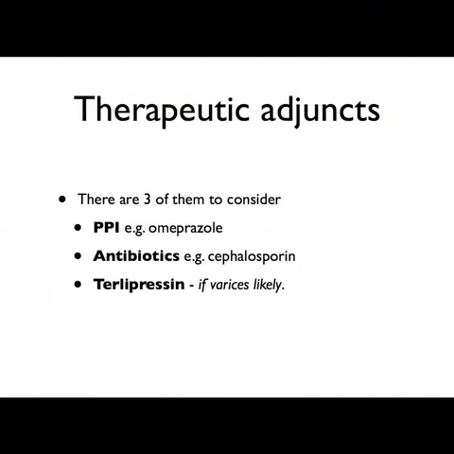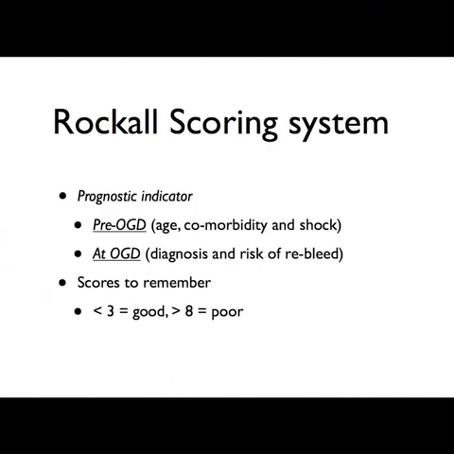Very helpful. You can also do something called the Rockall scoring system. We thought about putting the detailed system on here, but I don't think it's necessary for us to actually know the system. What's important to know is that the Rockall scoring system is a prognostic indicator in an upper GI bleed, and it's based around 2 things: the pre-OGD score and an additional set of values given at OGD, and these together make up the final score.